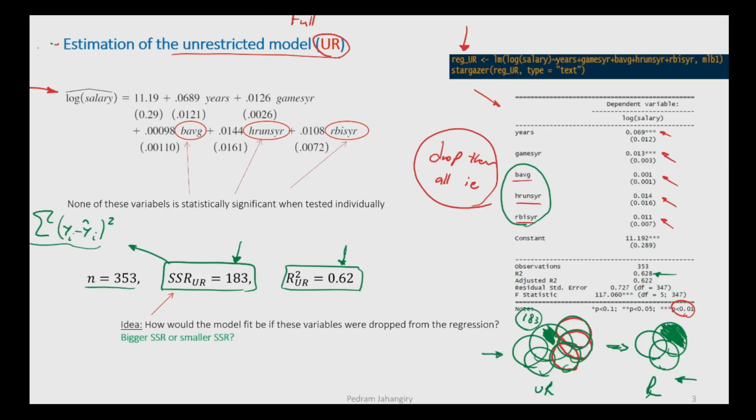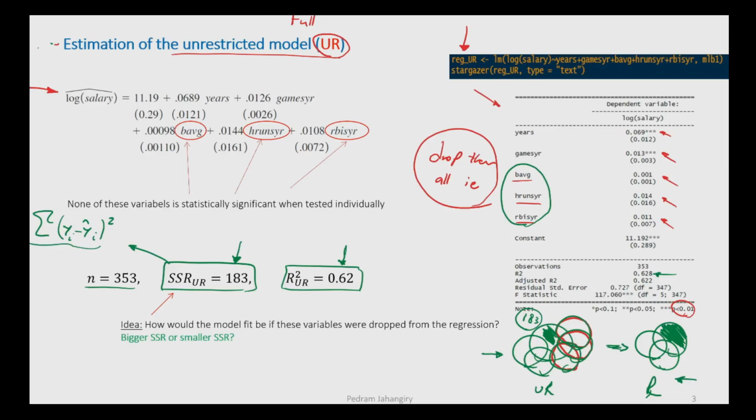So I have to come up with a test statistic by looking at these two numbers. If that difference is so big that it's statistically significant, what does it imply? What do you think? Exactly. That implies that the variables you dropped were collectively significant, because the increase in SSR when you drop them was super high.